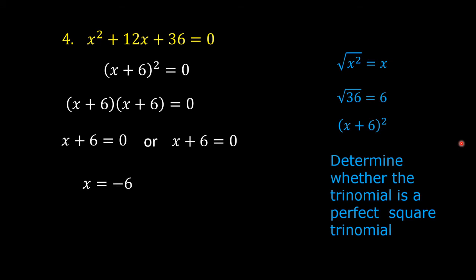So x is equal to negative 6. Let's go to the second equation. Transpose positive 6 to the other side, it will become negative 6 on the other side. So we have x is equal to negative 6.